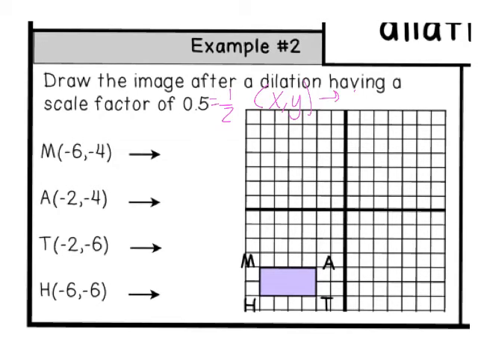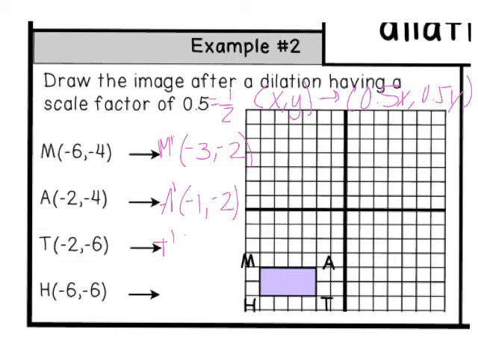So our x, y is going to 0.5x, 0.5y. So you're multiplying each by 1/2. So that's M prime, not A prime. There we go. M prime is going to be at -3, -2. A prime is -1, -2. T prime is -1, -3. And H prime is -3, -3, because we multiply each by 1/2.